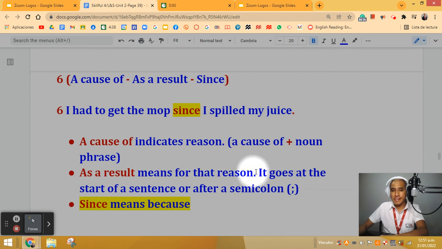But one of the characteristics of as a result is that it goes at the start of a sentence or it comes after a semicolon. In this case, you can see that we don't have a period, we do not have a semicolon. That's why it does not apply. And in this case, since means because. That's why this is the correct answer, the third one.